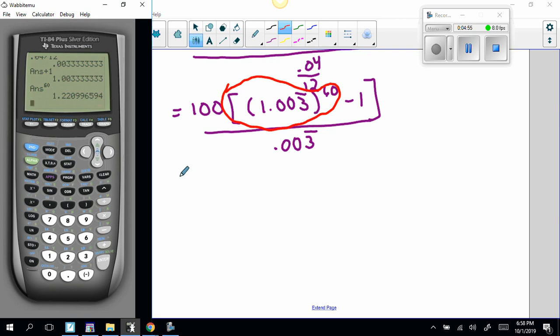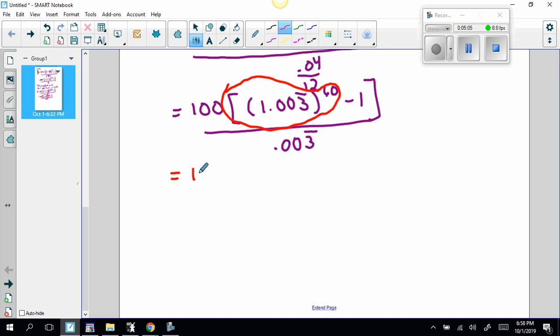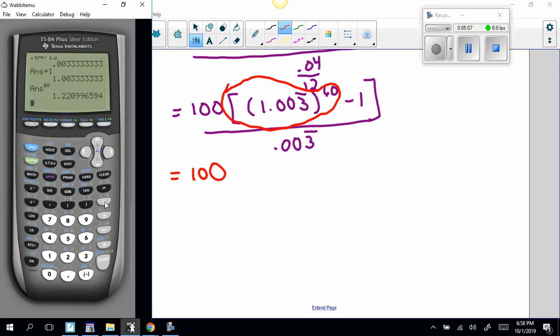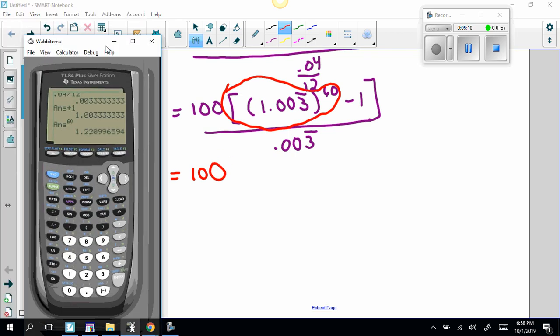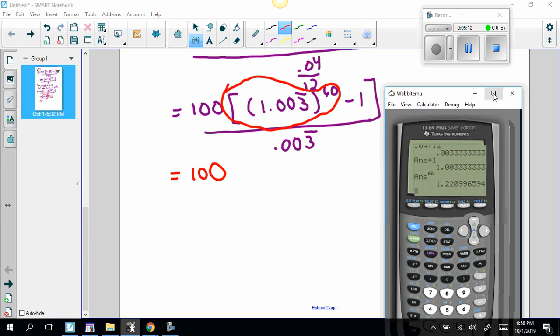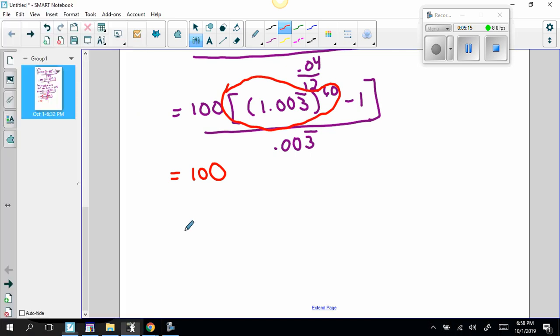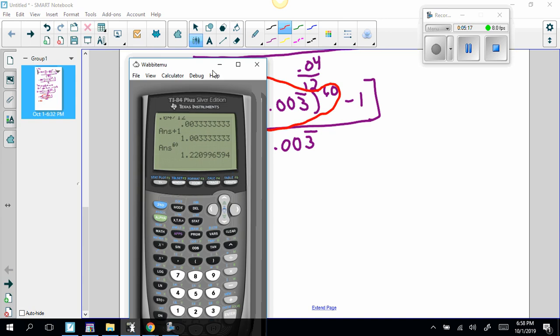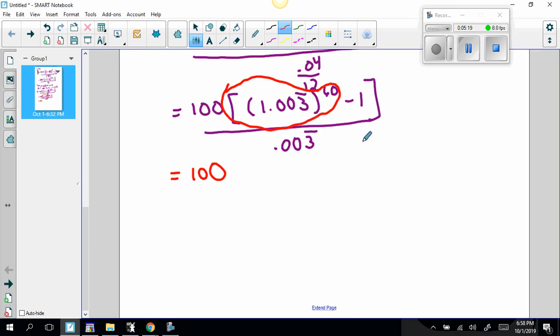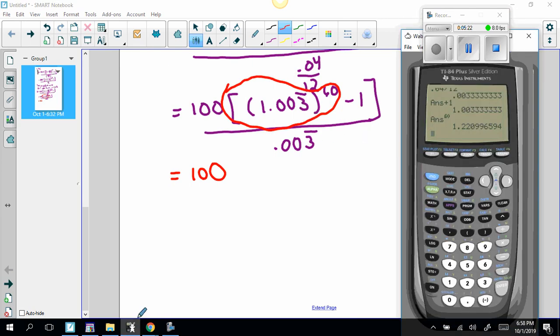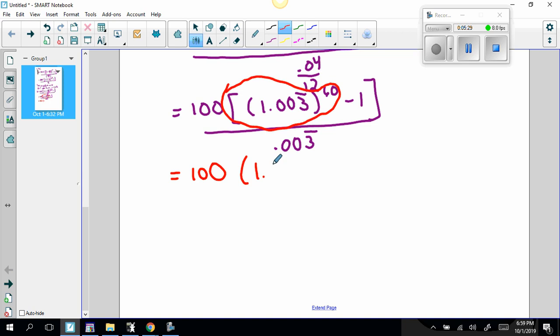Okay, so here's where people are making a mistake. I got that to the 60th, and I'm going to write it down. This might drive you crazy.